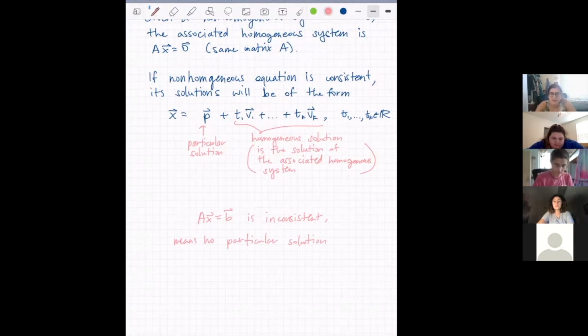So even though the homogeneous system itself has solutions, you cannot take the homogeneous solution and apply it to the inconsistent non-homogeneous system. Yeah. I know, it can get difficult. But yeah, so no particular solution means you're inconsistent, means you don't get a solution of this form right here. Okay.